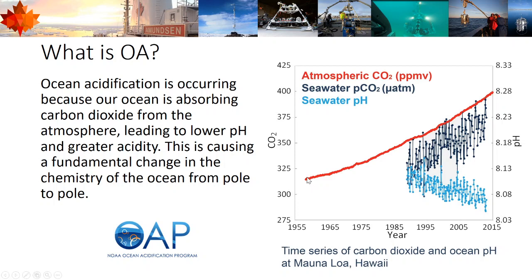So you can see here from the NOAA Observatory in Hawaii, atmospheric concentration of carbon dioxide is steadily increasing over time with anthropogenic inputs. The partial pressure of CO2 in seawater at the surface is paralleling that increase, and seawater pH is steadily declining, causing greater acidity.